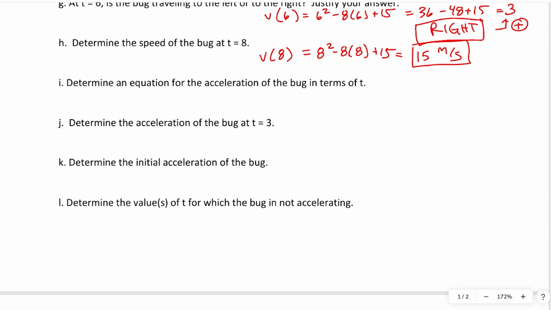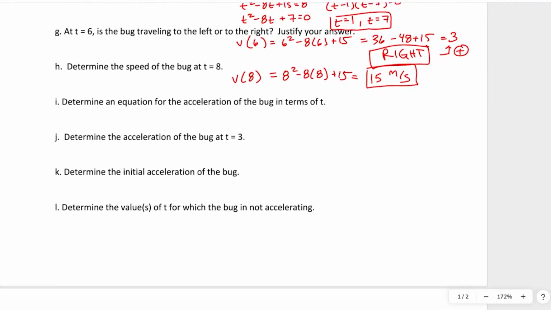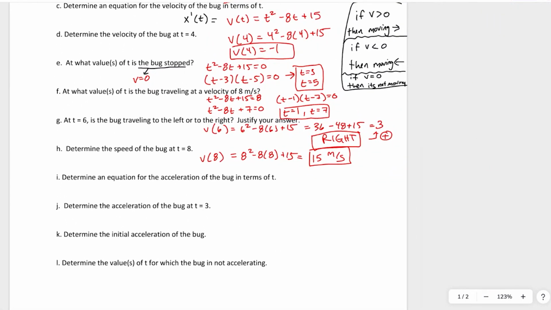So the last part of this is to determine an acceleration equation. The acceleration is the derivative of velocity, and we already have our velocity function. So the second derivative of position is equal to the derivative of velocity, which is equal to our acceleration.